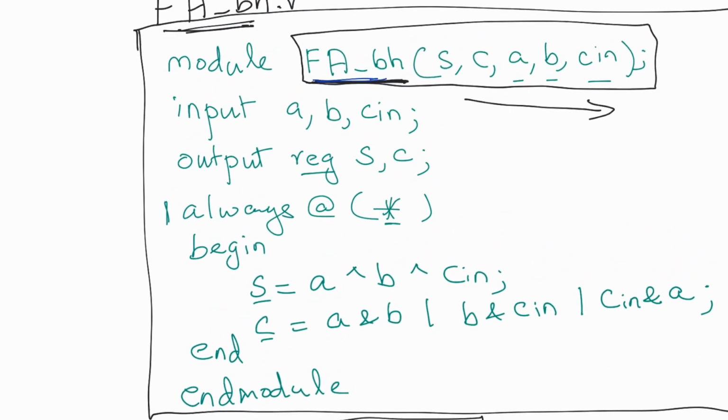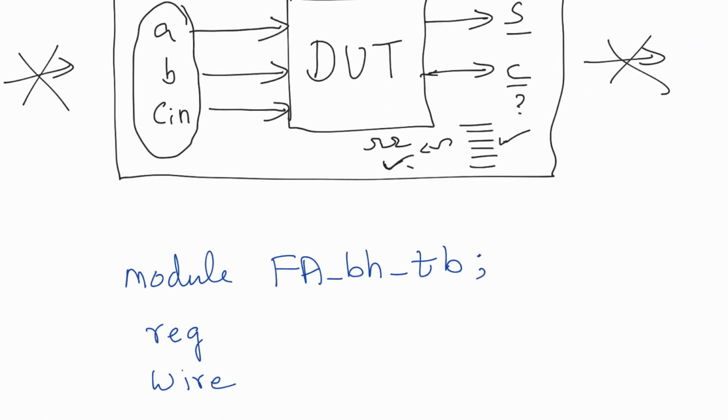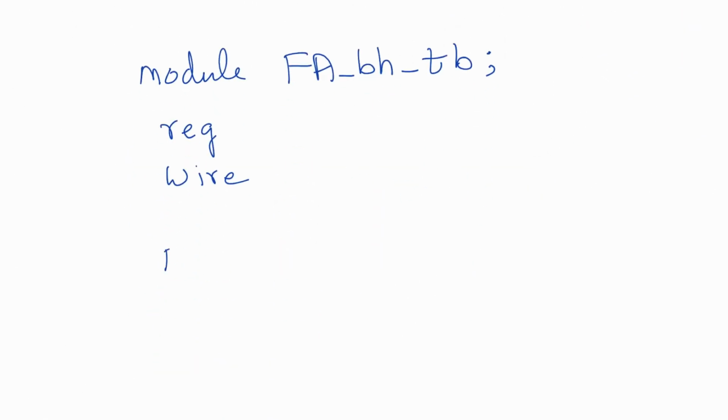This is our full adder behavioral module name, so let's use that name, fa underscore bh, and give an instance name fa1. I'm going to use my local ports to make connections to the full adder behavioral module. I'm going to go with the same names, though you can have any other names: S, C, A, B and CN.